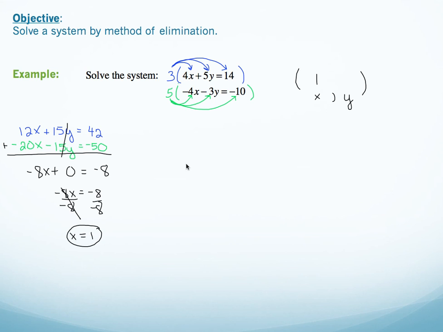So I'm just going to pick the first equation, 4x plus 5y is equal to 14, and substitute that 1 in for x and solve for y. Again, it doesn't matter which equation you pick because the solution is going to be true for both equations, so it really doesn't matter which one you substitute it back into.